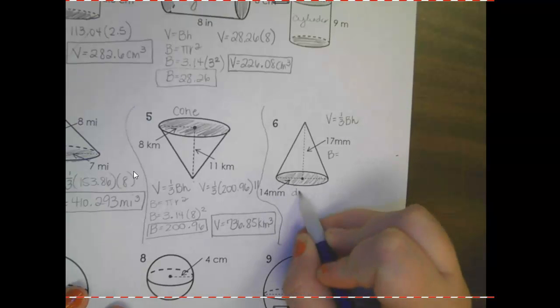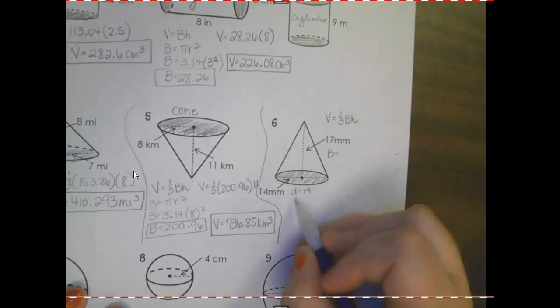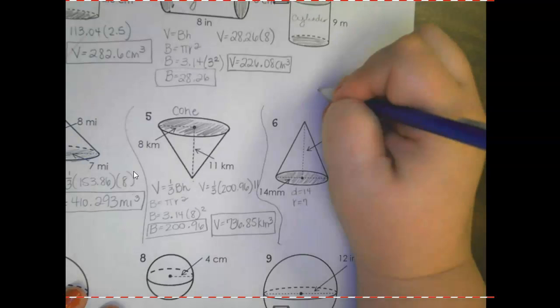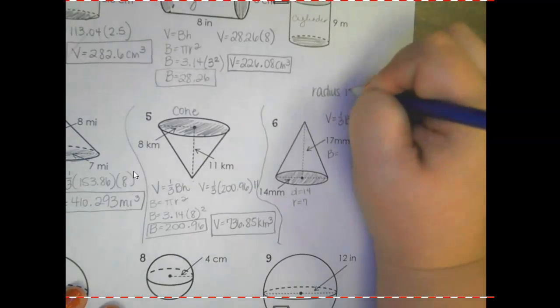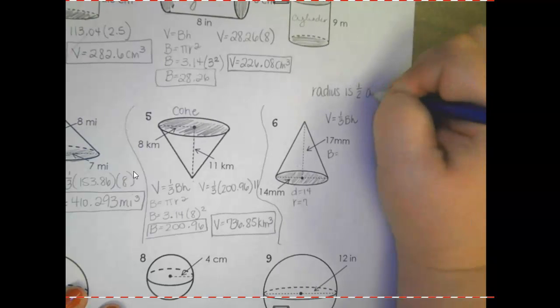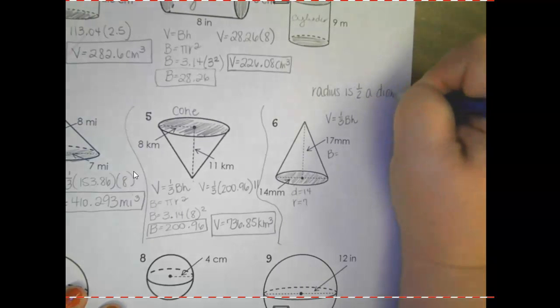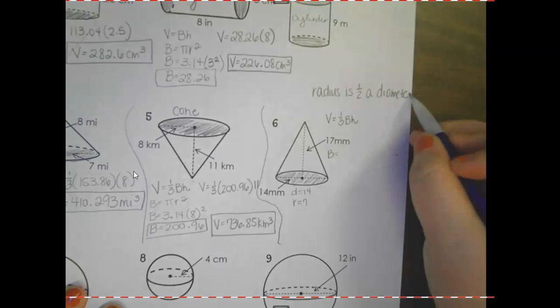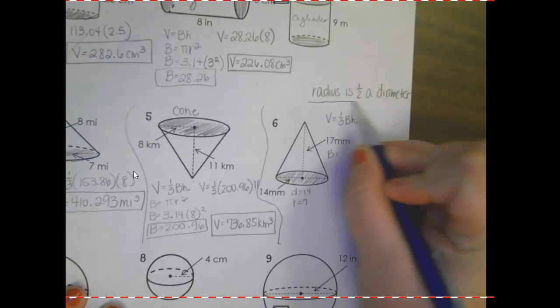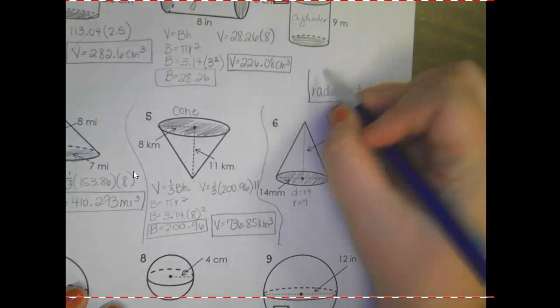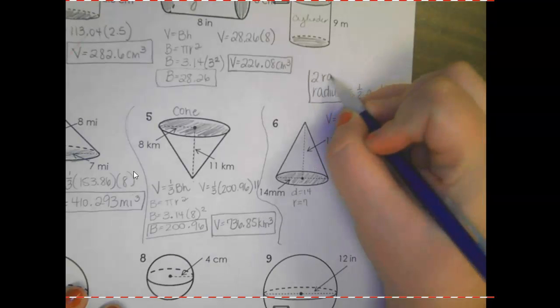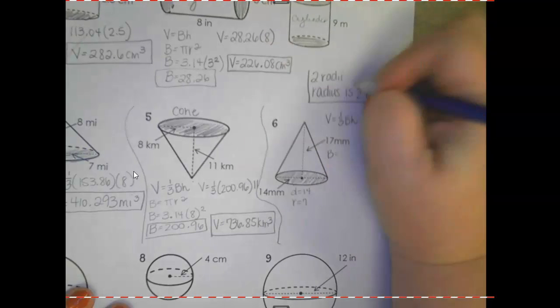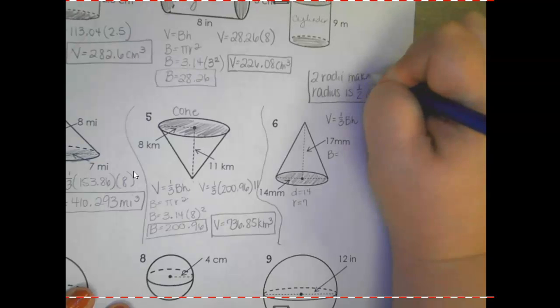That's a diameter of 14. Radius is going to be half of that. So my radius is half a diameter. Or I could say 2 radiuses, or 2 radii, make 1 diameter.